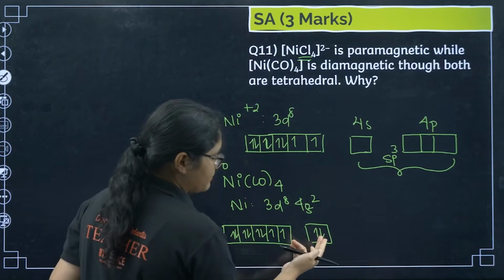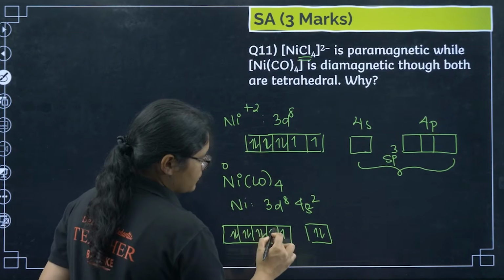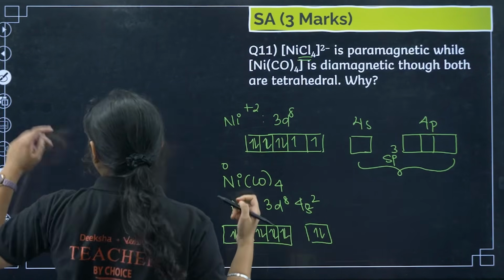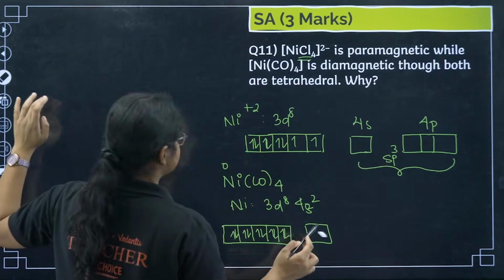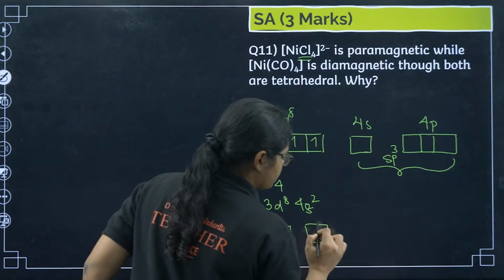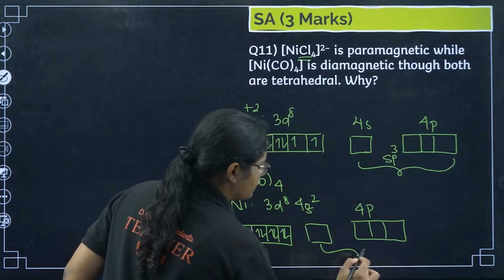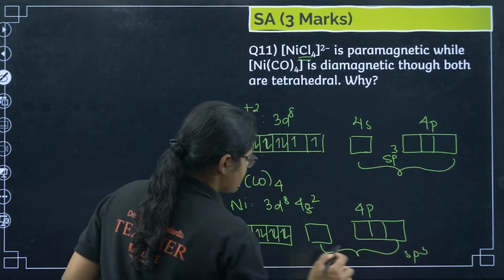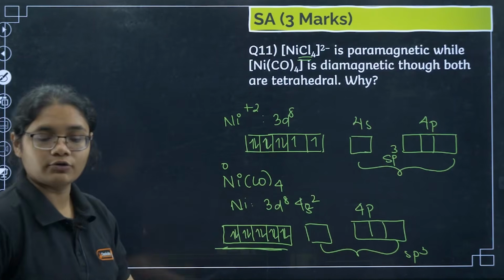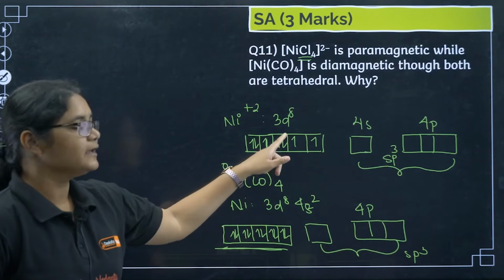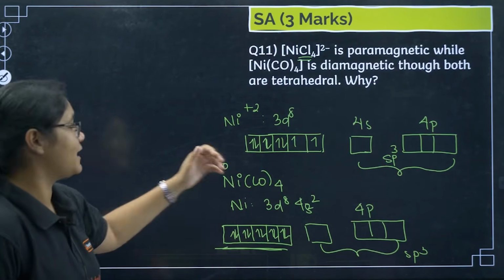Now what will happen? These 2 electrons will come here because of pairing. Why? Because CO is a strong field ligand. Now this 4s is empty and with 4p, again there will be sp3 hybridization. Here you see there is no unpaired electron, so it is diamagnetic. In the previous case we have 2 unpaired electrons, so it is paramagnetic.